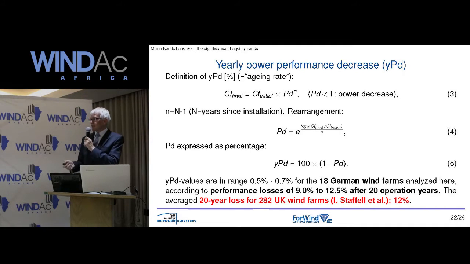From this, not only I, also the UK people did, we defined this yearly power performance decrease, YPD. What I found in all the 18 German wind farms is a yearly power performance decrease in the range of 0.5 to 0.7% each year. That means we have after 20 years performance losses between 9% and 12.5%.